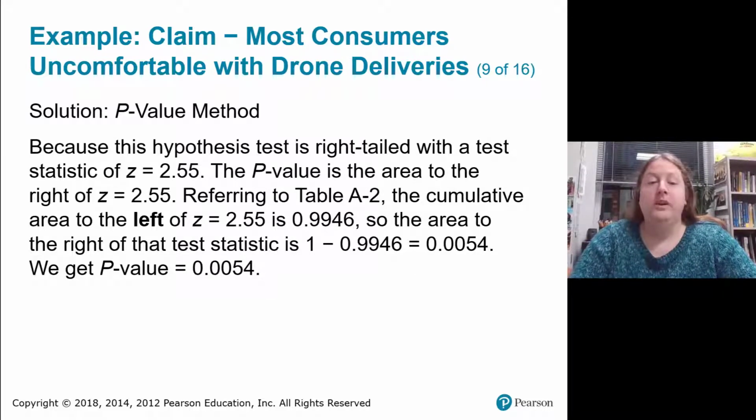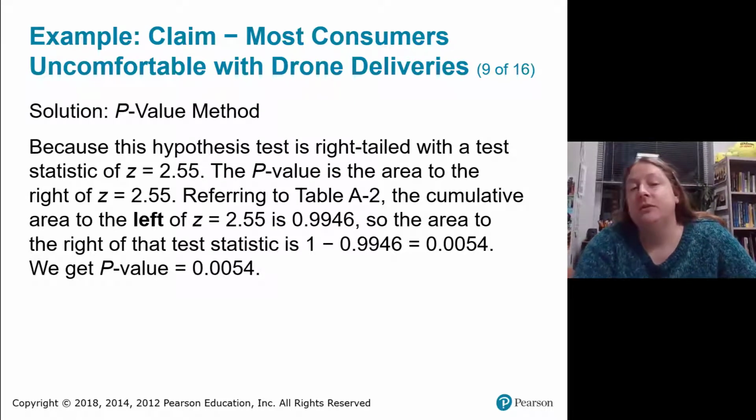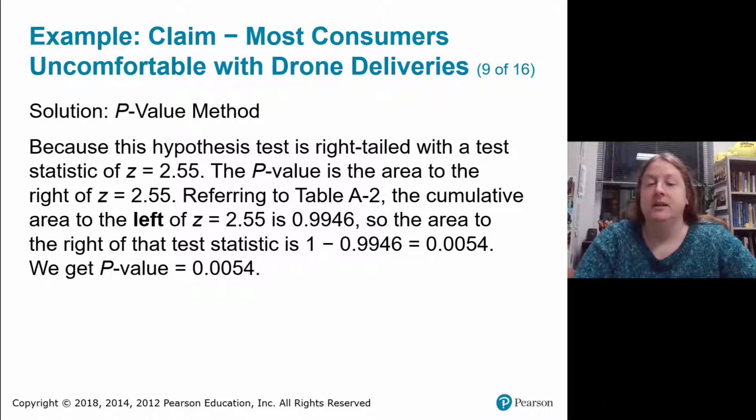So now we go into table A2, and since our alternative hypothesis is that we're interested in being greater than that, we're looking for the area to the right of our test statistic. If we look at the value in table A2, it's 0.9946.